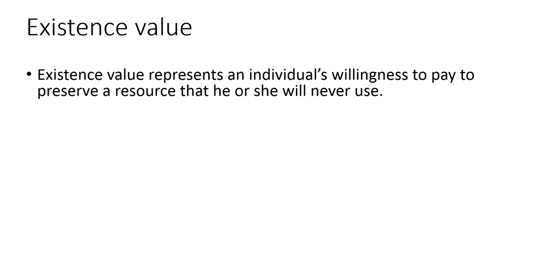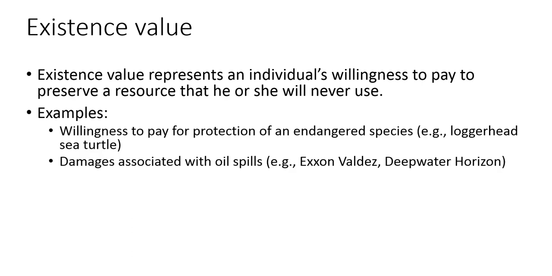Okay, the second category of values that we're going to try to estimate are existence values. And these represent a willingness to pay to preserve a resource that you might never use, might never experience firsthand. Okay, so a couple examples.